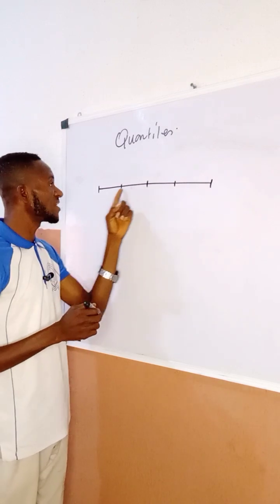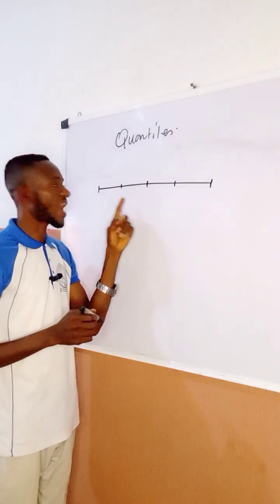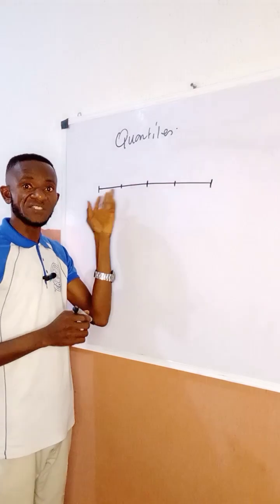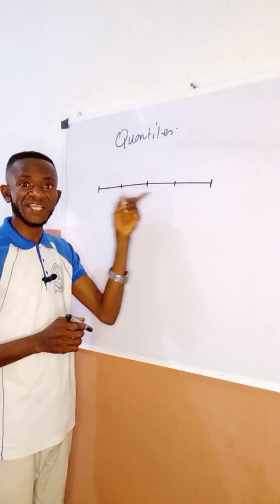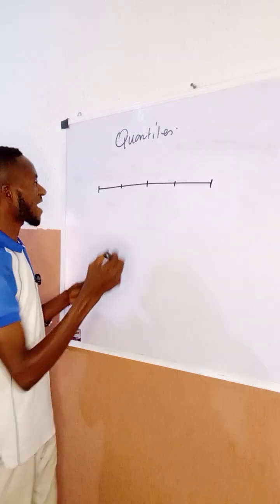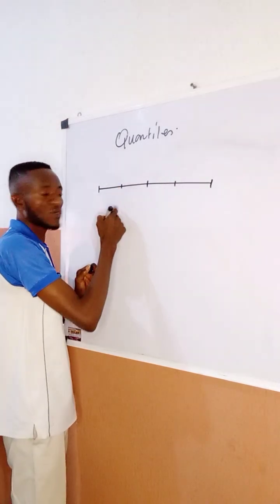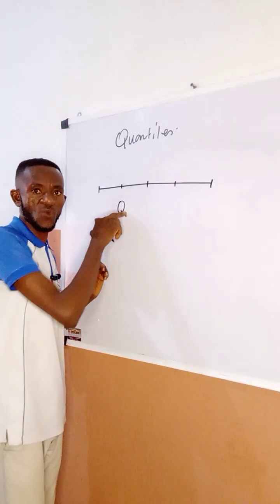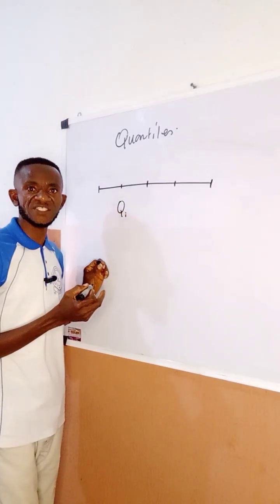Therefore, these strokes of line 1, 2, 3 have been able to divide this distribution or data set into 4 equal parts. So this first stroke is Q1, and this Q1 is what we call the first quartile.